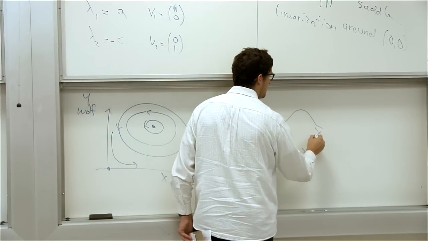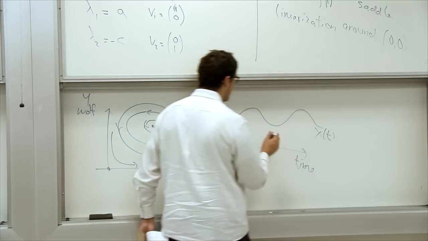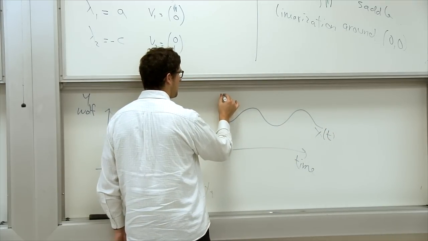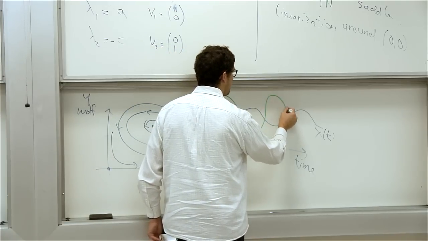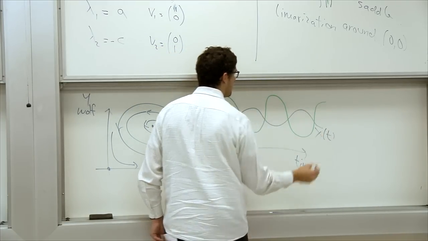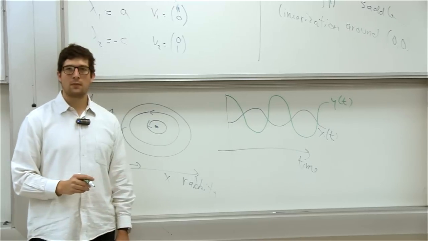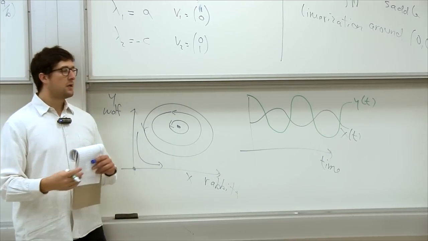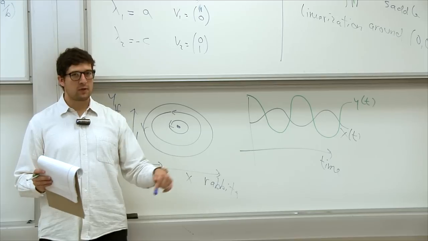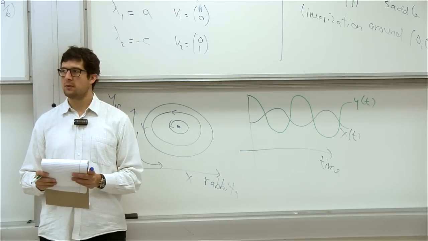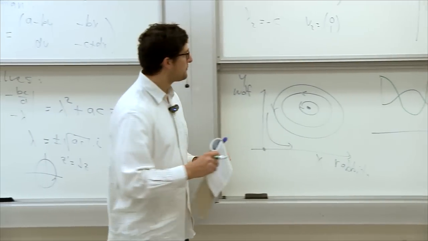This is, let's say, x over time. And if you wanted to plot the wolves over time, you can find something like this. So sure enough, you see oscillations over time. Remember that we said last time that negative feedback can give you oscillations.